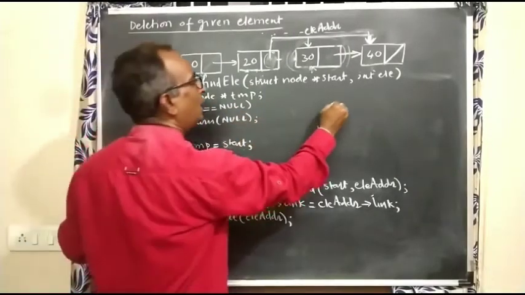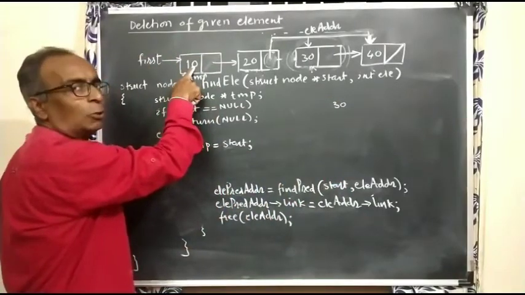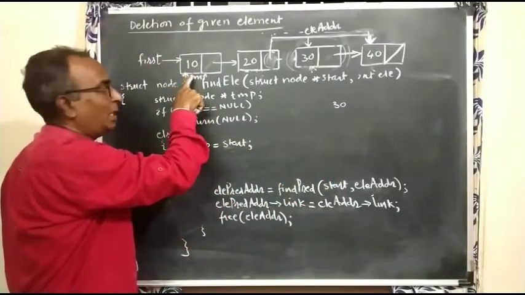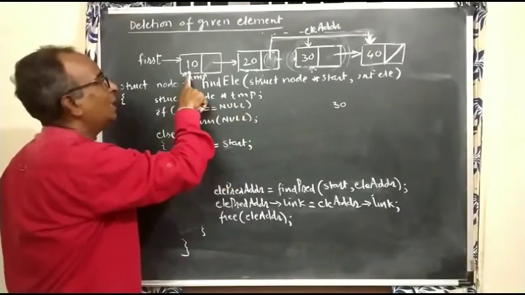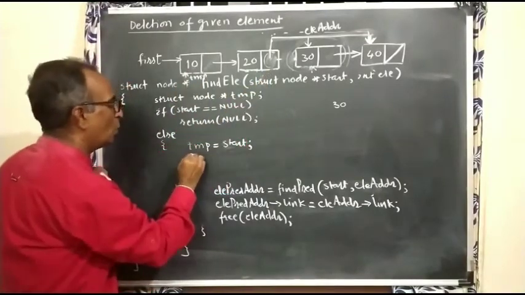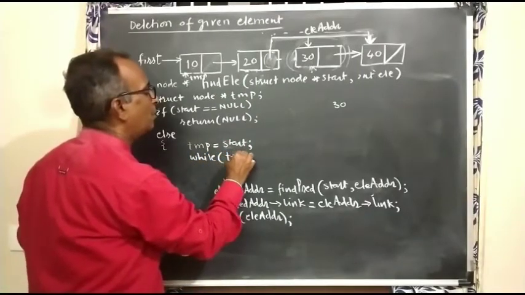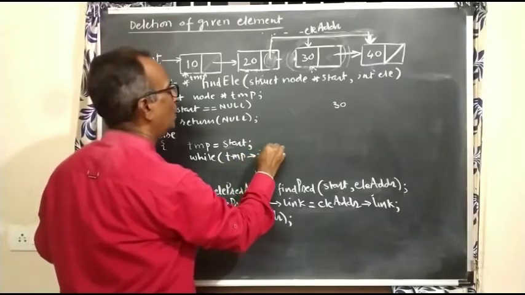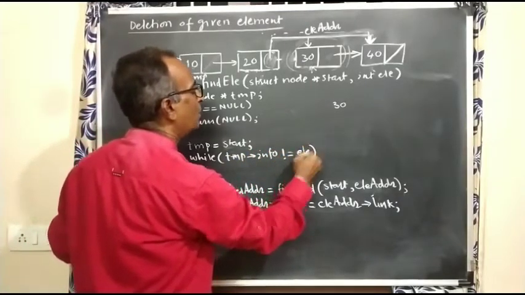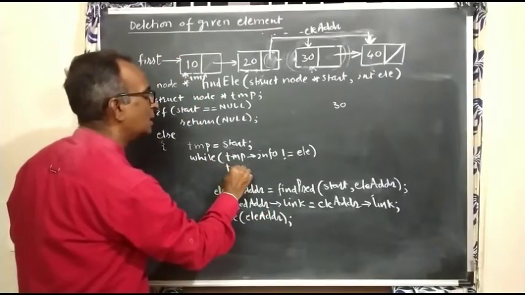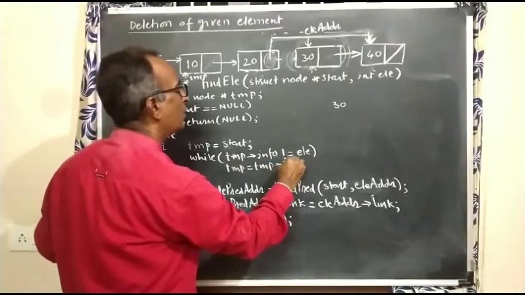Suppose you are finding 30. Is it 30? It will check. No, if the information field of temp is not equal to the element to be searched, then it should be moved. So when you are moving, while temp's info field is not equal to element, when this is the case, temp is moved to temp's link.